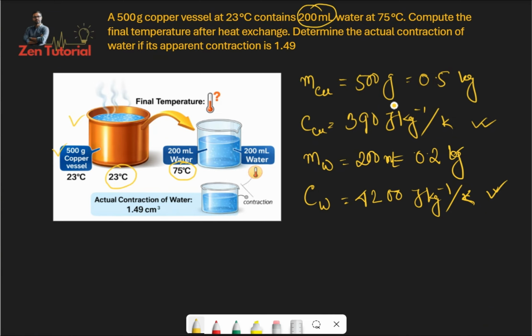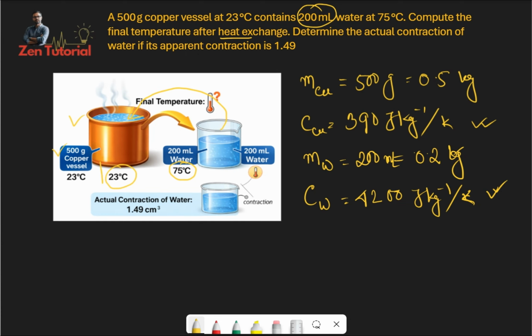What we have to calculate in the very first part of the question, that is compute the final temperature of heat exchange. So this water actually put here within the copper vessel. What happened?